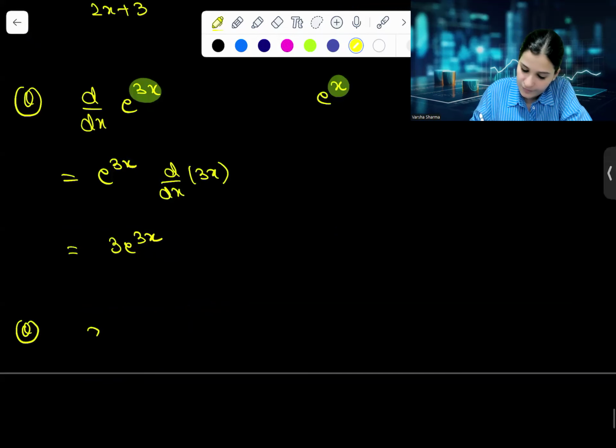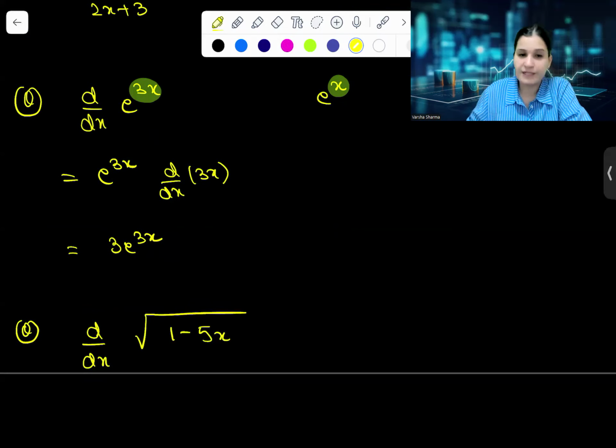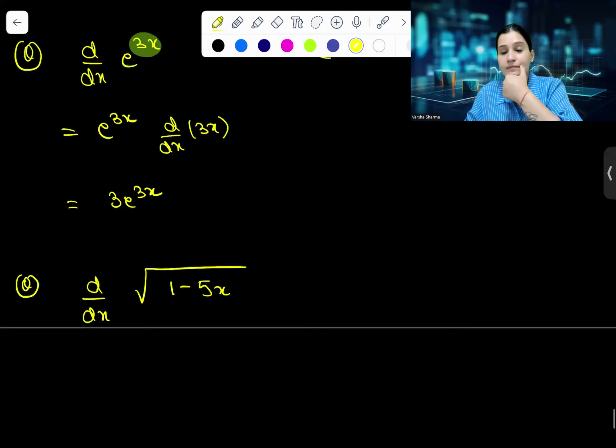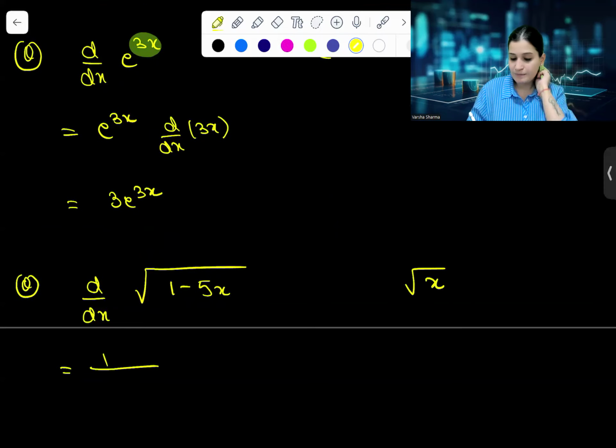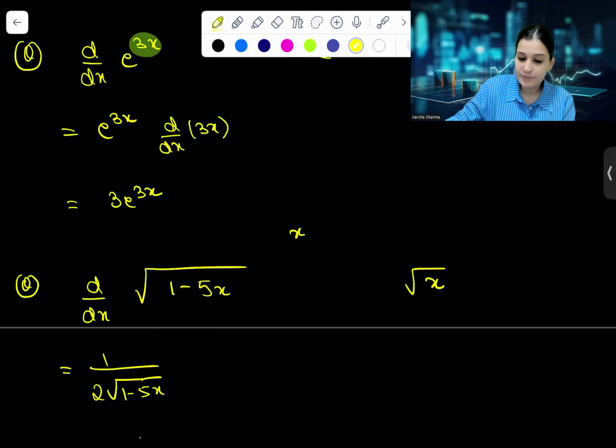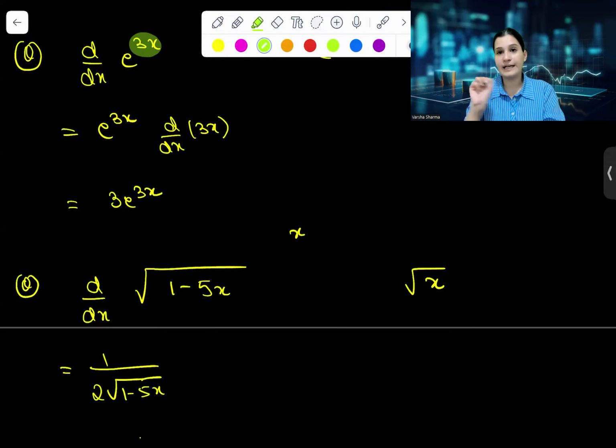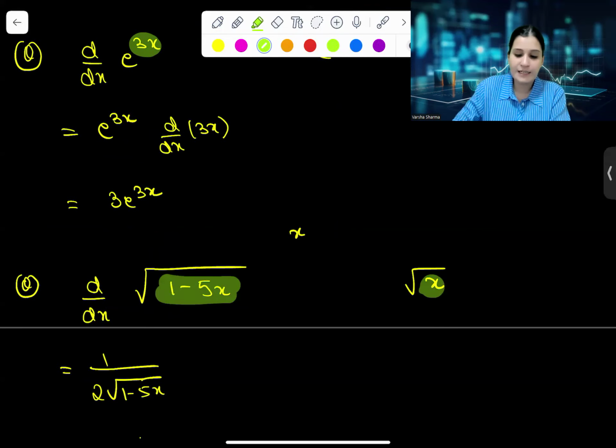Suppose question, differentiation of under root 1 minus 5x. इसको कैसा ट्रीट करेंगे? 1 by 2 root x. Perfect. Root x का ट्रीटमेंट दिया. So root x is 1 by 2 root x. Instead of x, the term that is written, मैंने रूट का ट्रीटमेंट ऑलरेडी दे दिया. यहाँ रूट के अंदर x था और मेरे सम में रूट के जगह ये बैठा है.